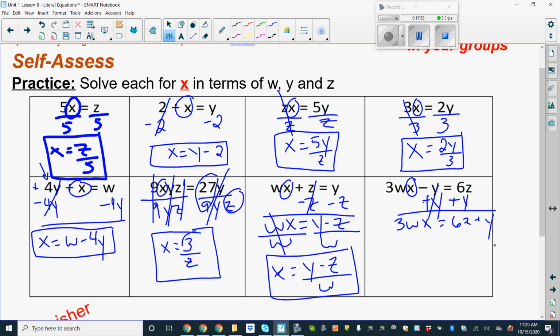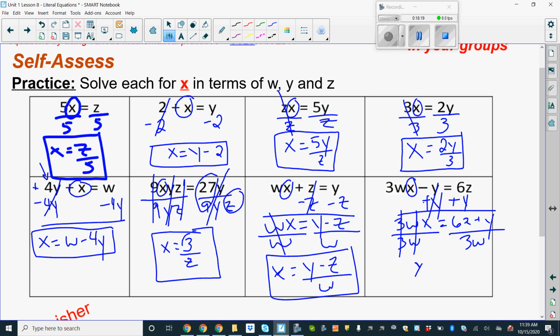Now I need to get x alone, so I have to divide because they're all attached by multiplication. So I'm dividing by the 3 and dividing by the w because they're not the variable I want to solve for. And then this side I divide by the 3 and the w.